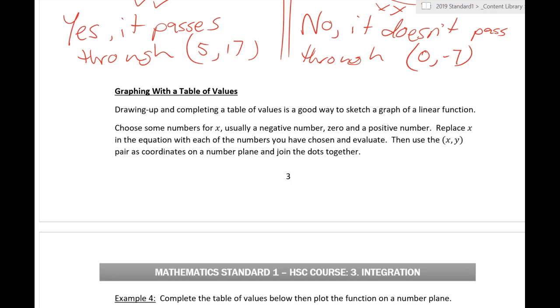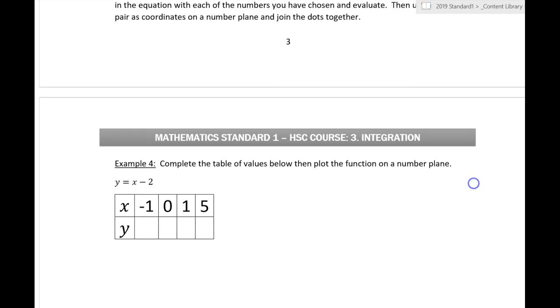You really want to have at least 3 points, because if it's a linear function, you should only need 2 points, but the third one acts as a bit of a check. If those 3 points form a straight line, you can be pretty confident you've got them all right. If they form a triangle, then there must be a mistake somewhere. So at least 3, probably 4 or 5 is a good idea.